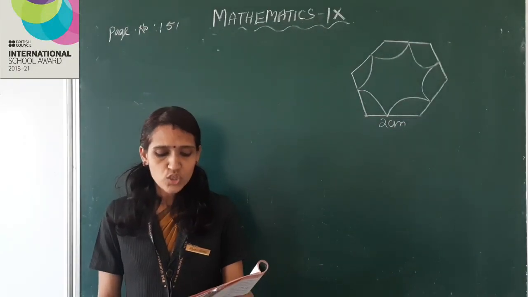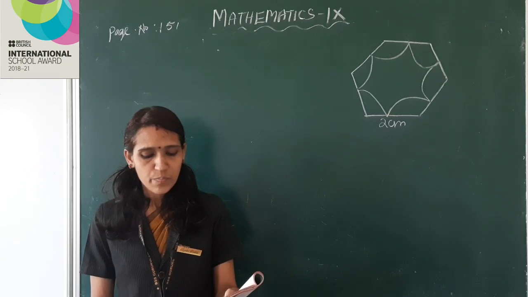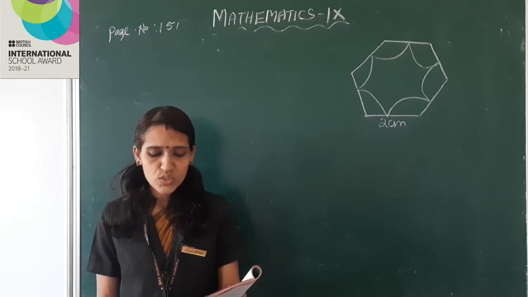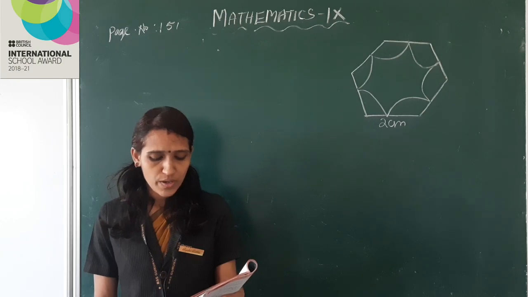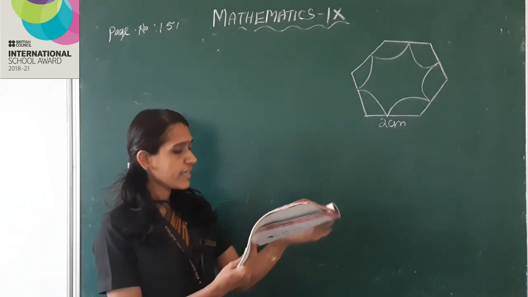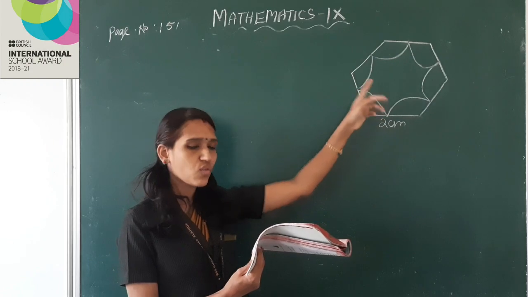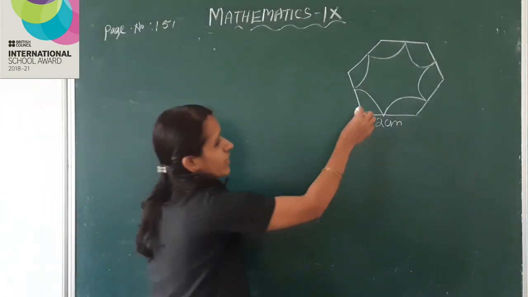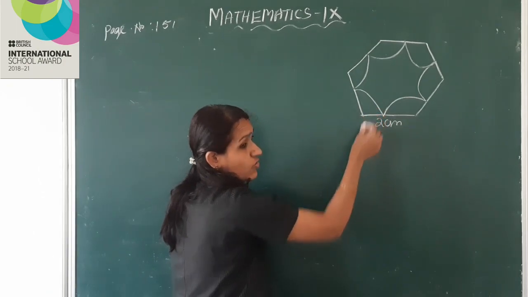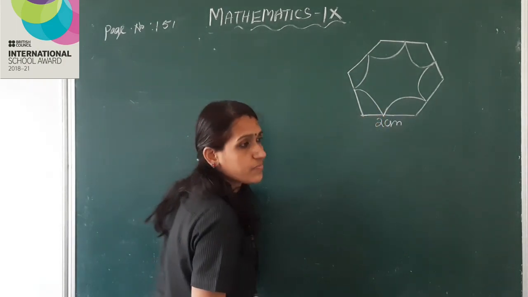Next, centered at each corner of a regular hexagon, a part of a circle is drawn and a figure is cut out as shown below. What is the area of this figure? First we have to find one angle of a regular hexagon.